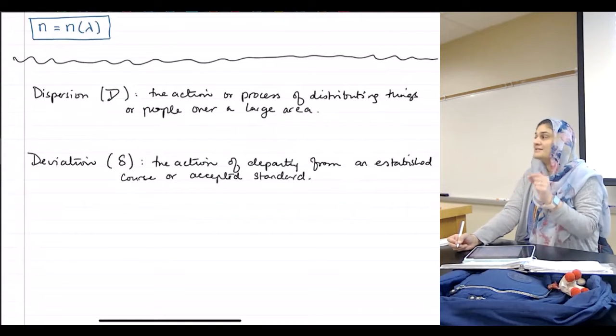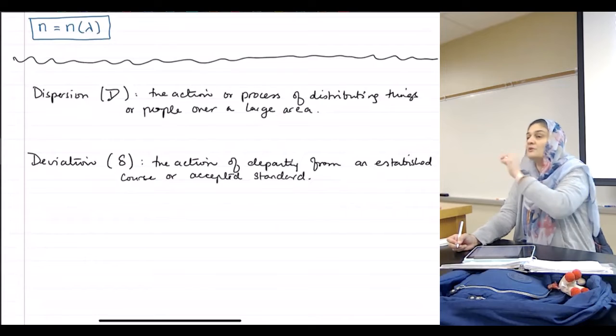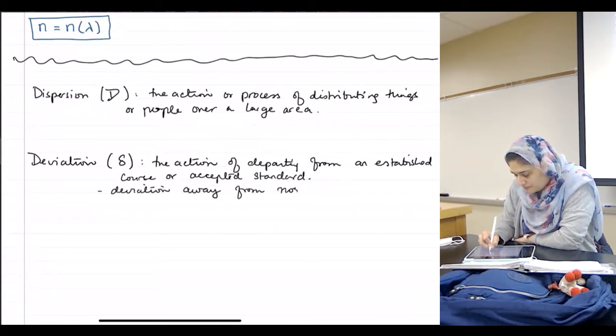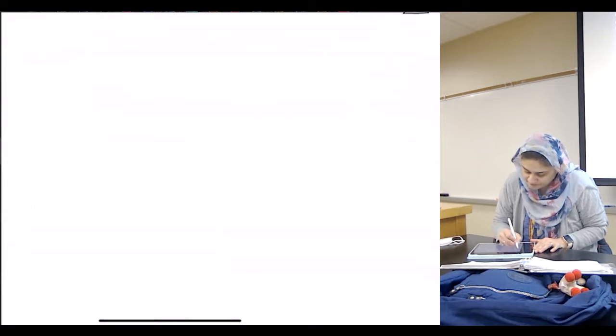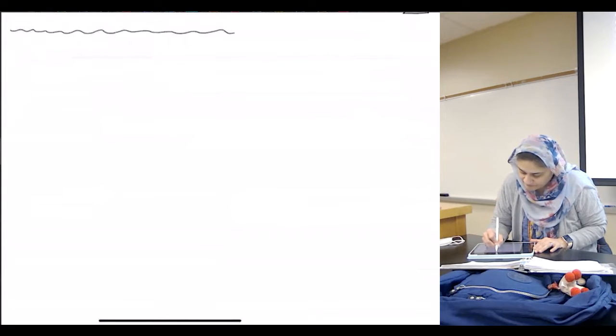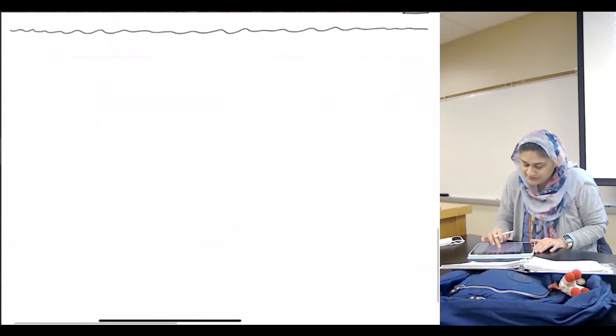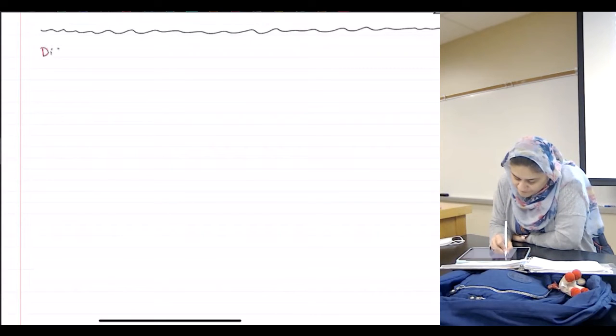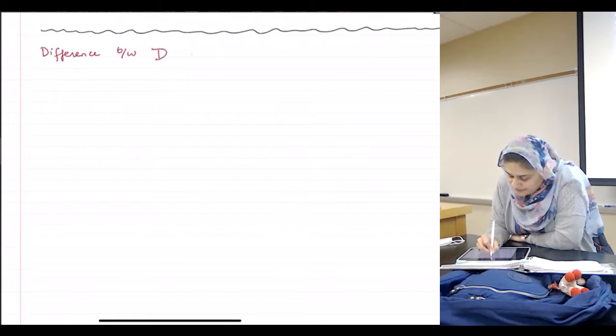So think of this as a deviation away from the normal. So the difference between D and delta.